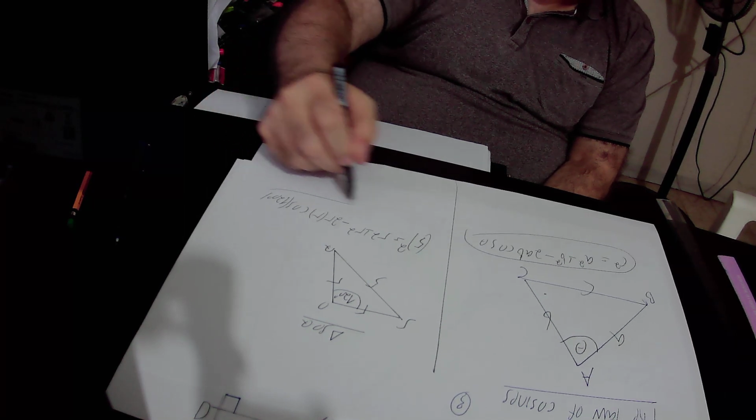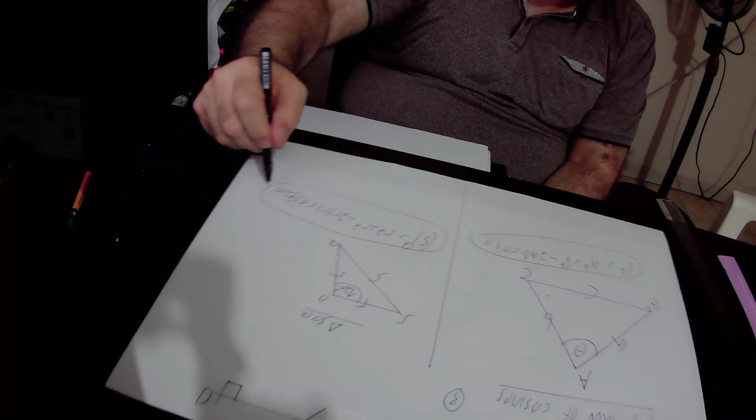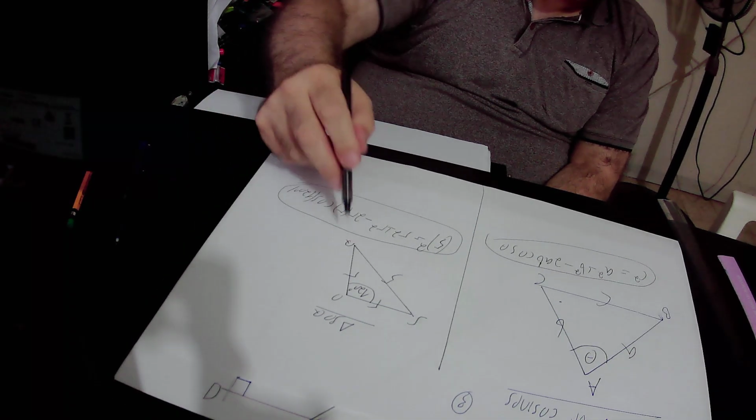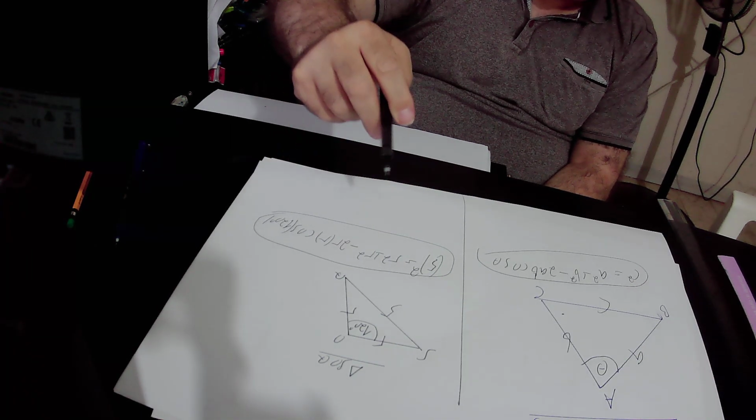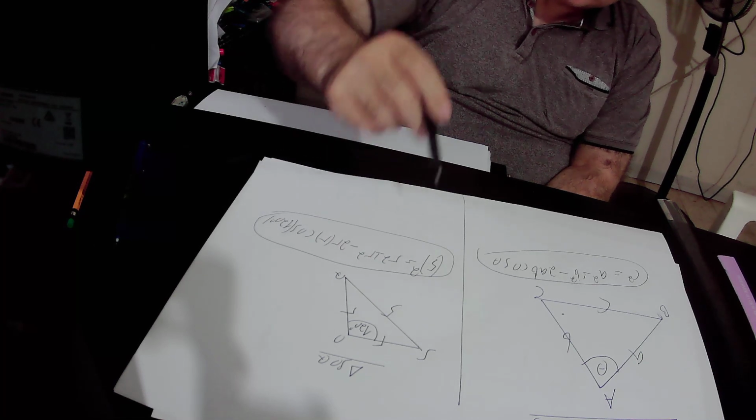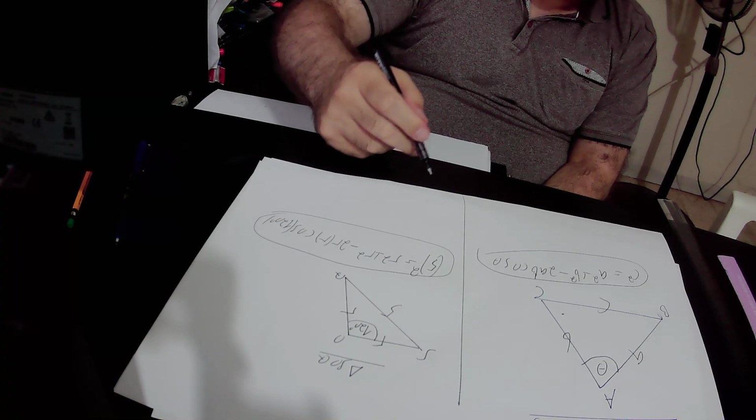So this equation is the implementation of the law of cosines in this triangle SOQ.